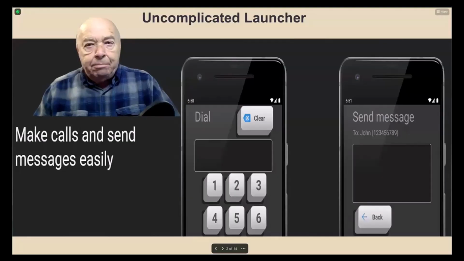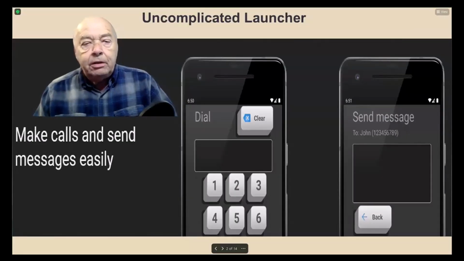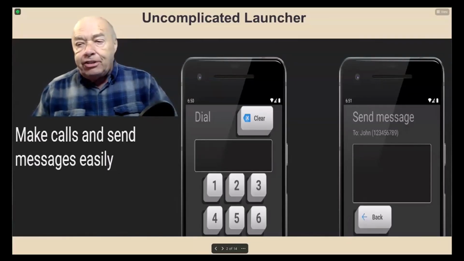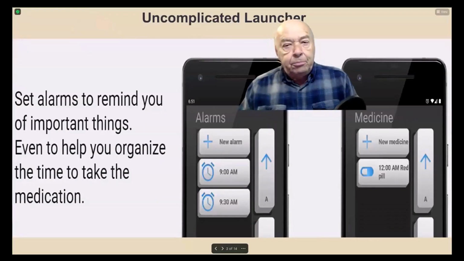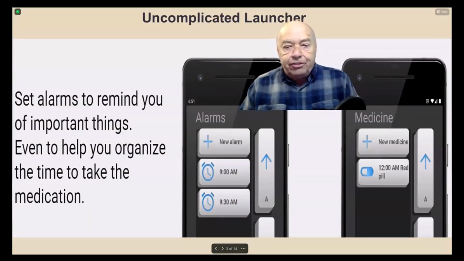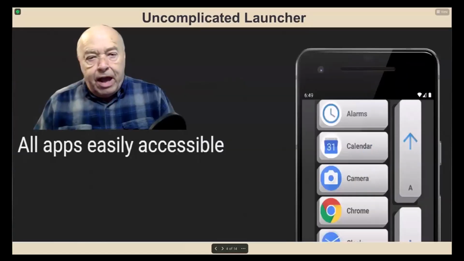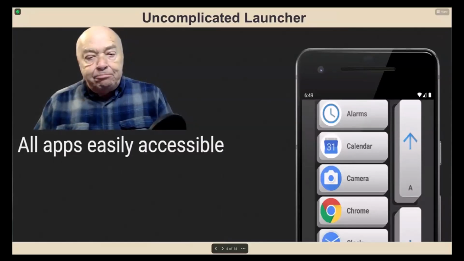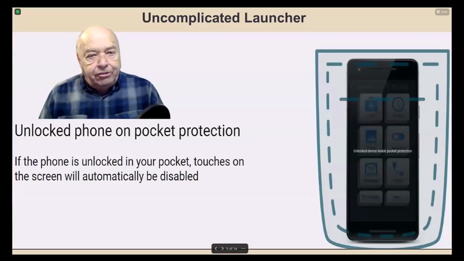The Uncomplicated Launcher, designed for seniors on your Android phone, helps to make calls and send messages easily. Set alarms to remind you of important things. Even helps you organize the time to take your medication. Your apps are easily accessible, arranged alphabetically. It even has protection if your phone is unlocked and in your pocket.